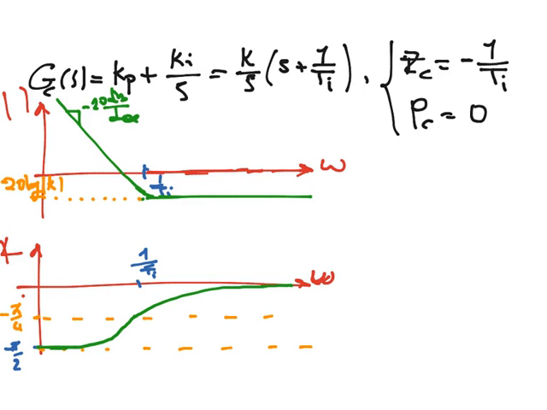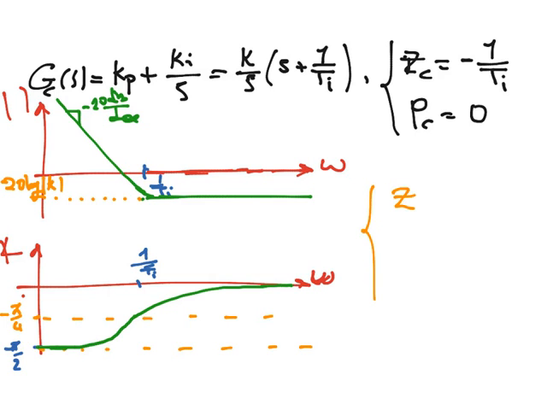To do so, we have to place the zero of the controller at frequencies lower than the cutoff frequency, which was 3. In order to keep similar behavior for the high frequencies, we will place the zero of the compensator at frequency equal to 0.1.